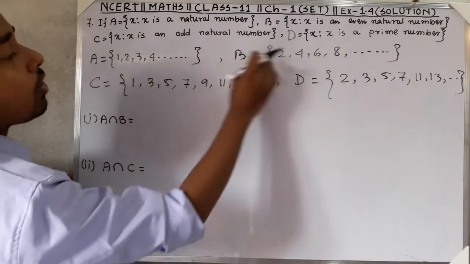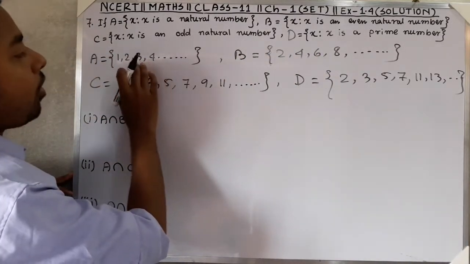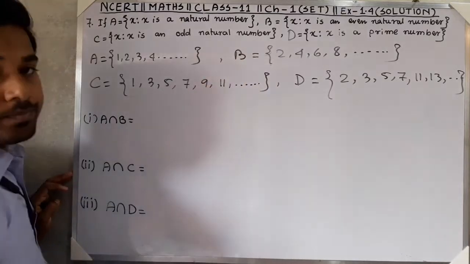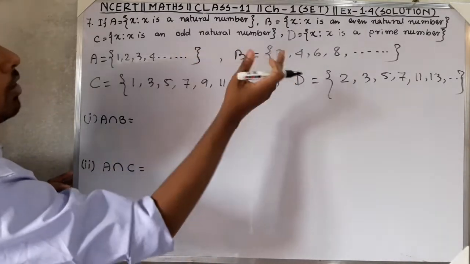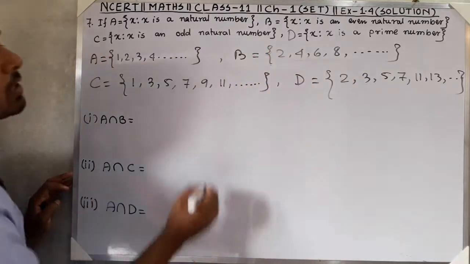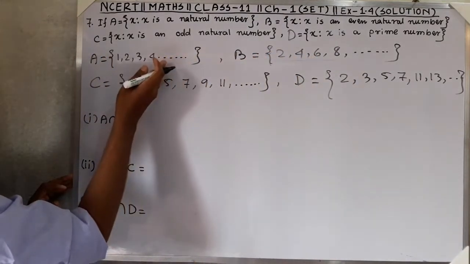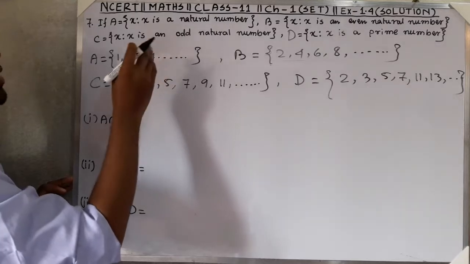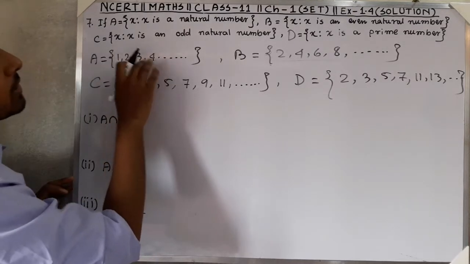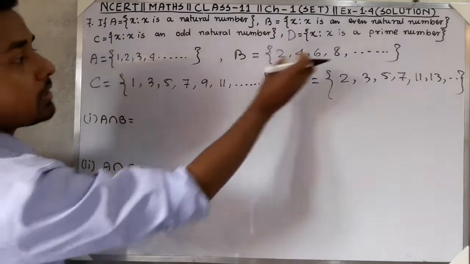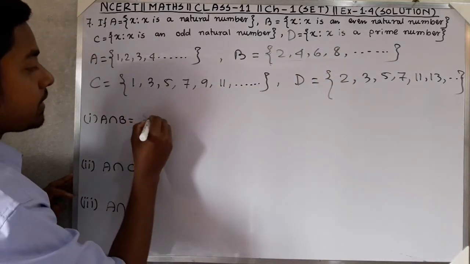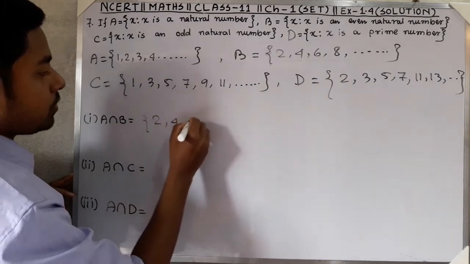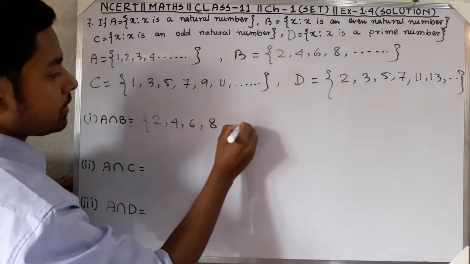So what will be the common elements of A and B? Obviously the even natural numbers are in set A, and odd natural numbers are also in set A, but in B there are only even natural numbers. So obviously it is 2, 4, 6, 8 and so on.